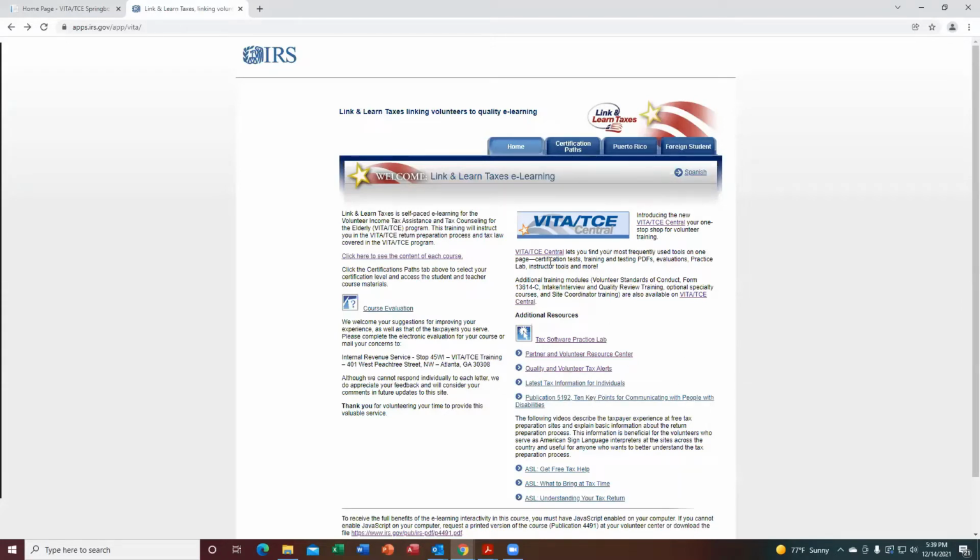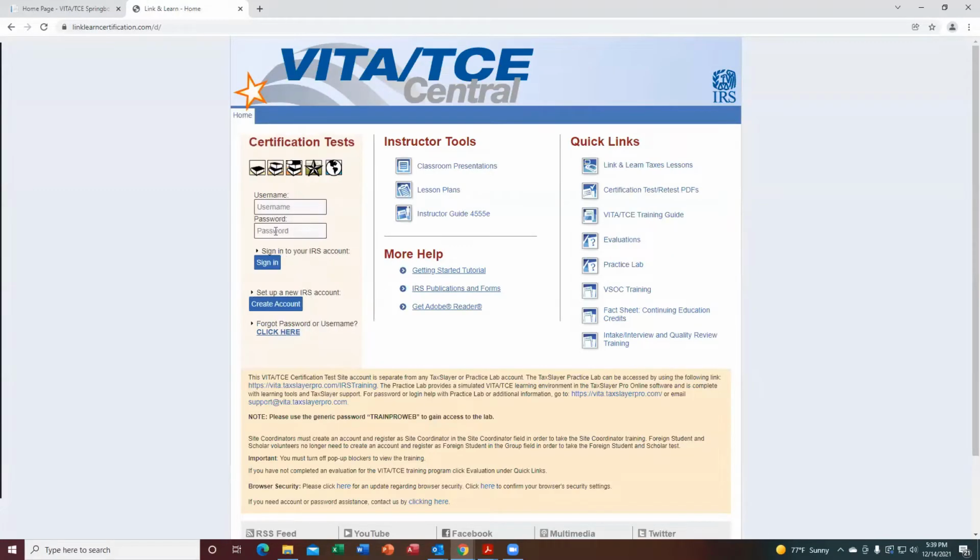The last item here is the process of taking the certifications. If you've never done a certification, this requires a login and a password. And then you sign in and you're gonna see the different types of exams.